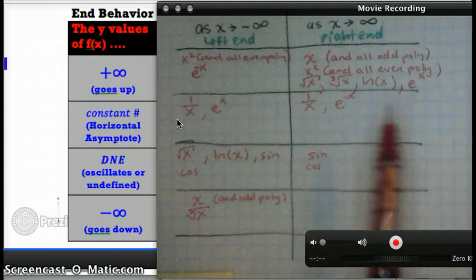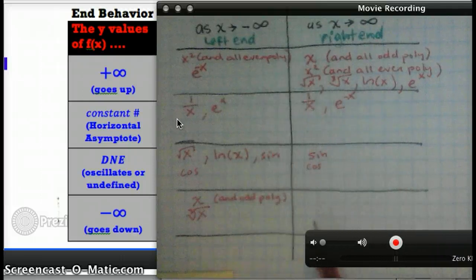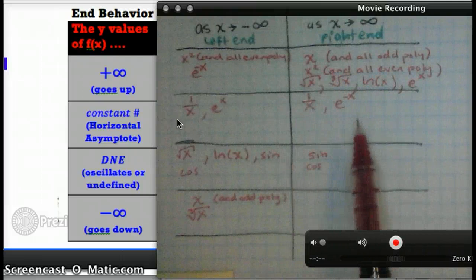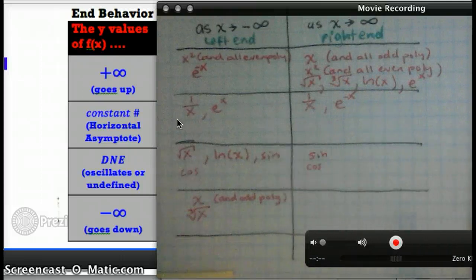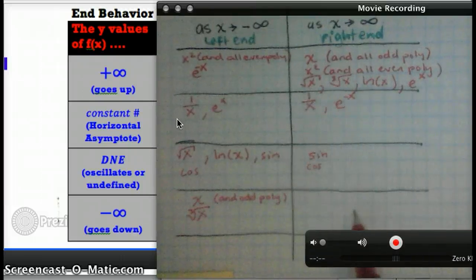It's more likely that any of these functions multiplied by a negative number would end up down here in this category. So the normal parent functions usually go up on the right. We're just used to seeing that as the normal way to go. But obviously many functions do have right end behavior that goes to negative infinity. And you'll see that in the next couple examples.